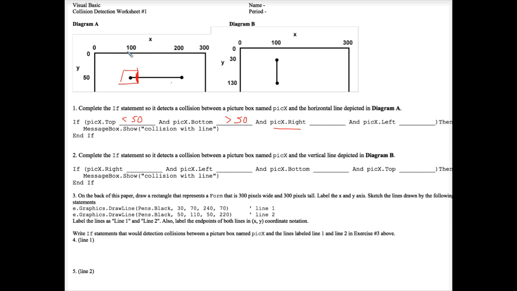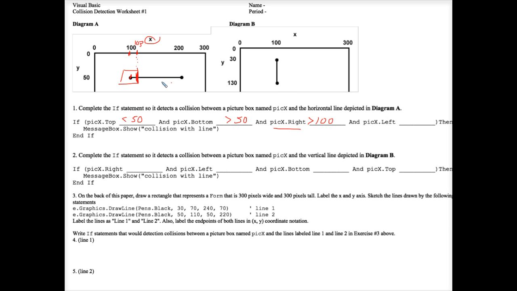Well, we know that the right edge comes out to about here on the x-axis. At about the spot 103, I'm going to predict. So as long as the right edge is greater than 100, which was the left x endpoint of this line, anything greater than 100 will indicate a collision took place.